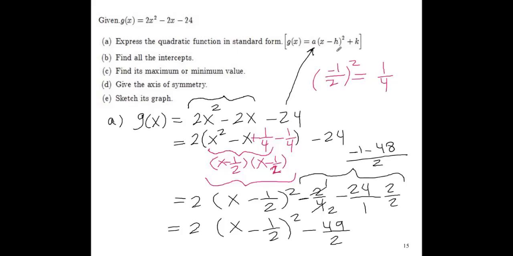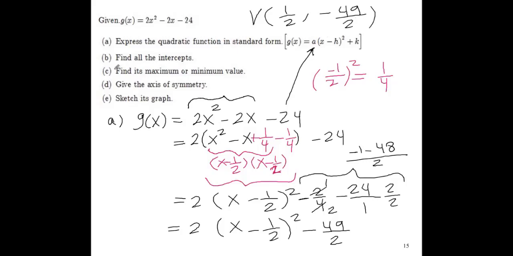So now I have this format. My h is equal to 1/2 and my k is minus 49 over 2, and that is the position of my vertex: 1/2, minus 49 over 2.